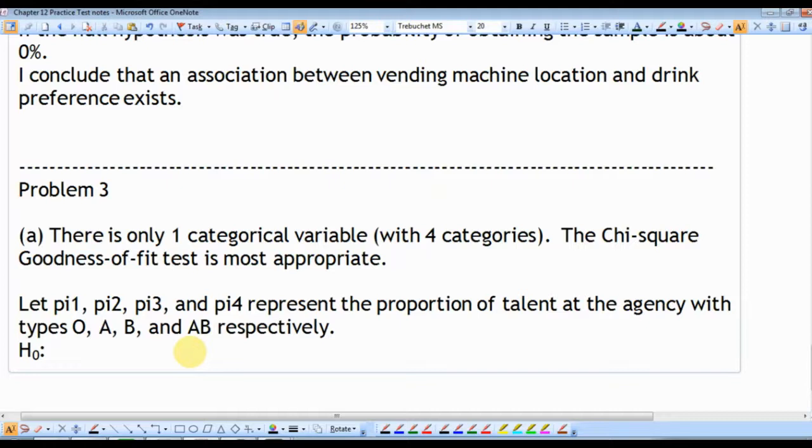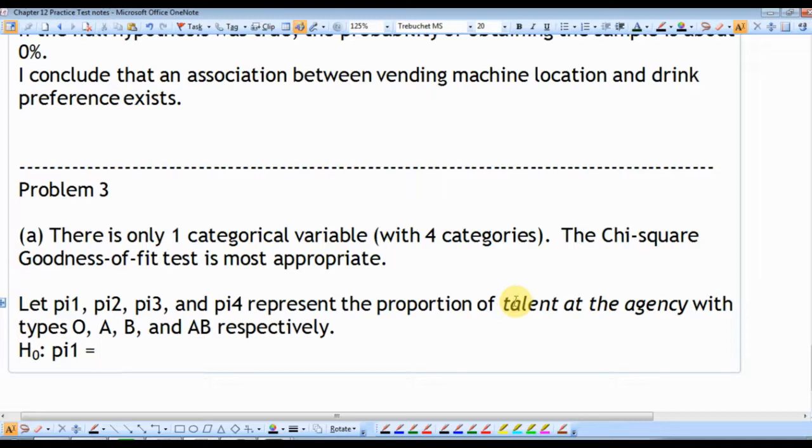Null hypothesis. Notice that it says at the agency, not the entire population of Japanese people. Just at the agency. We're not concerned with everybody. We already know what that is.